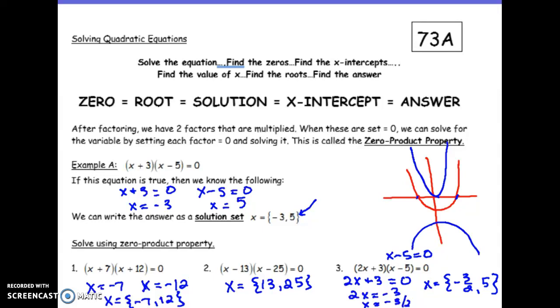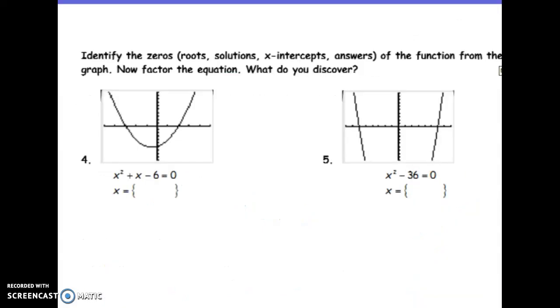Moving on, we can graph the equation and look at our graph using our calculator. If you click on the y equals button, and then you put in the equation x squared plus x minus 6, and then you hit graph, you will see a graph of the parabola, and you can see where it crosses at 1, 2, 3.